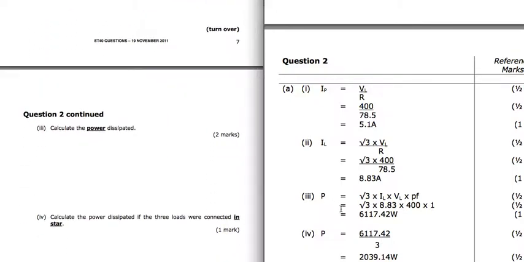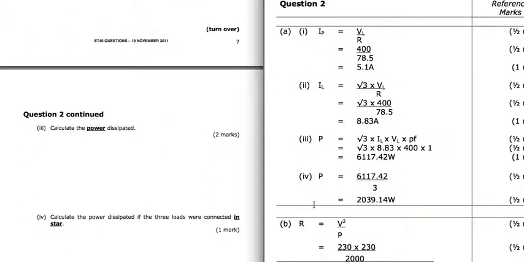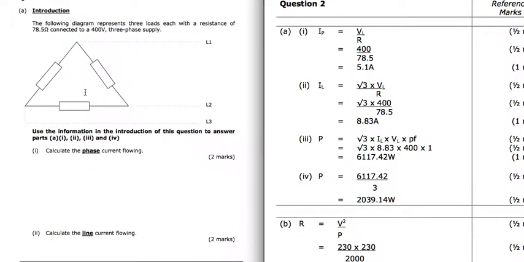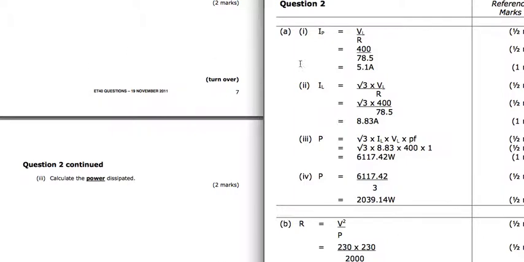The power dissipated, so there's our power formula, √3 IL VL power factor. So we've got √3, there's our IL from the previous question, our VL is 400. It's a resistive load, we've drawn resistors in there, and so the power factor is just 1.